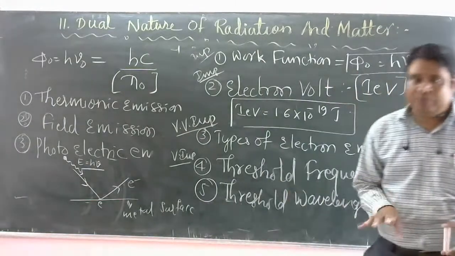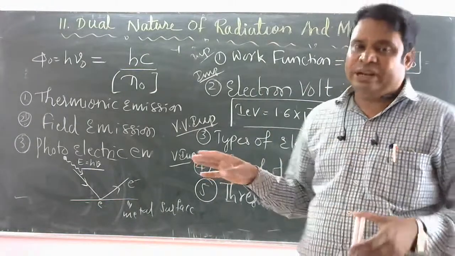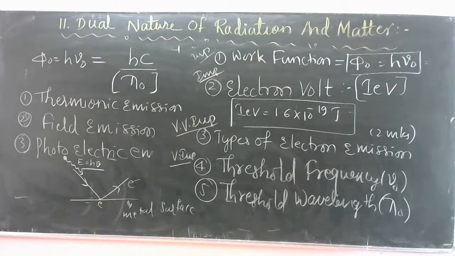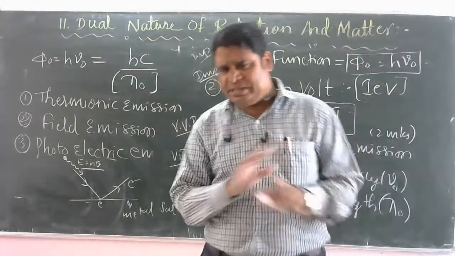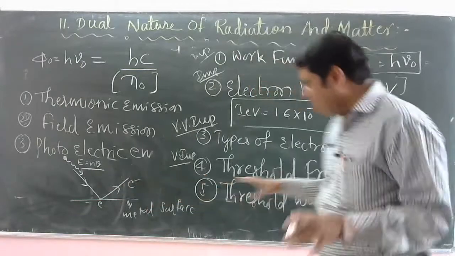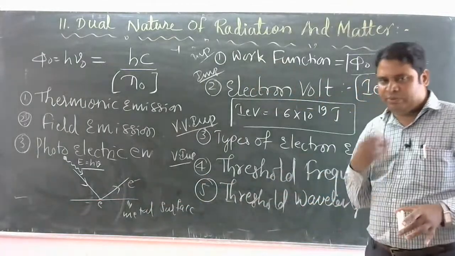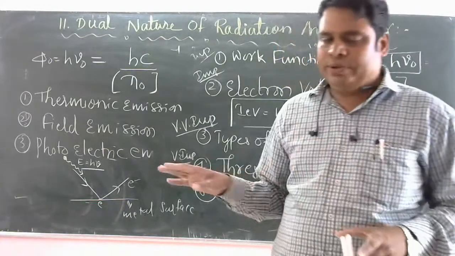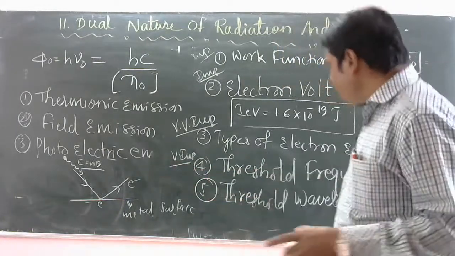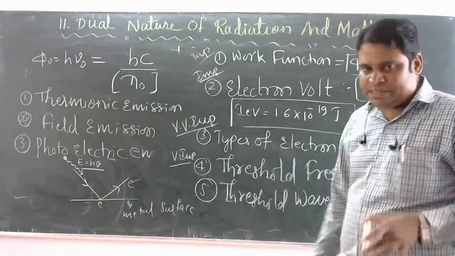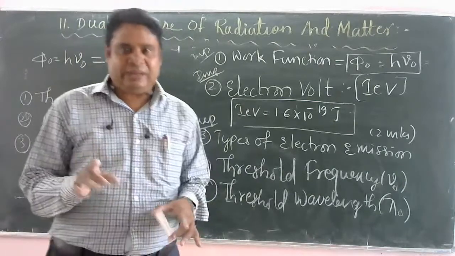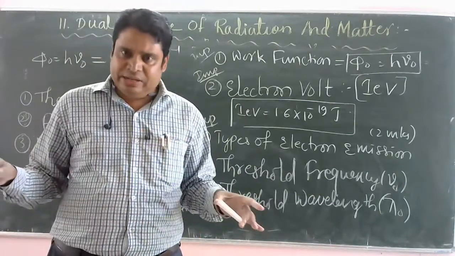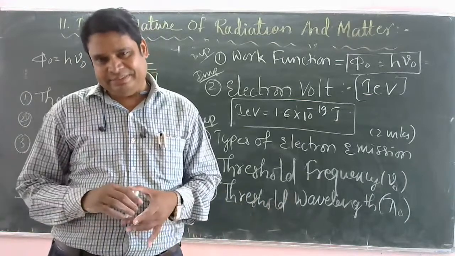Threshold wavelength is a maximum wavelength above which photoelectric effect does not take place. Threshold frequency is a minimum frequency below which photoelectric effect will not take place.